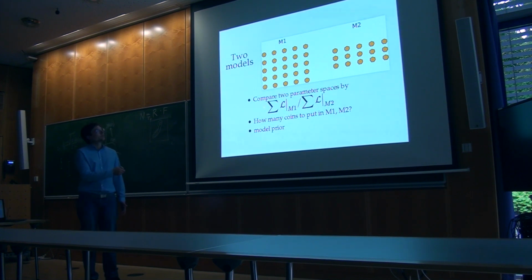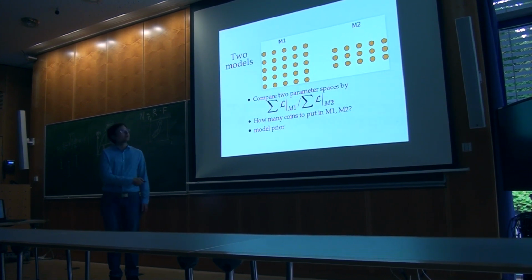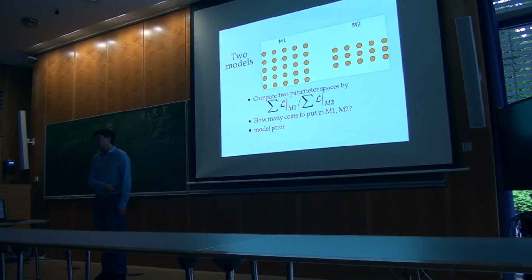So you compute the sum of all the likelihoods here and take the ratio to the sum of the likelihoods here. It depends how you put your spacing here, and how many grid points you put here compared to grid points you put here. The first is the parameter priors, and the second, the ratio between number of grid points, is the model prior.